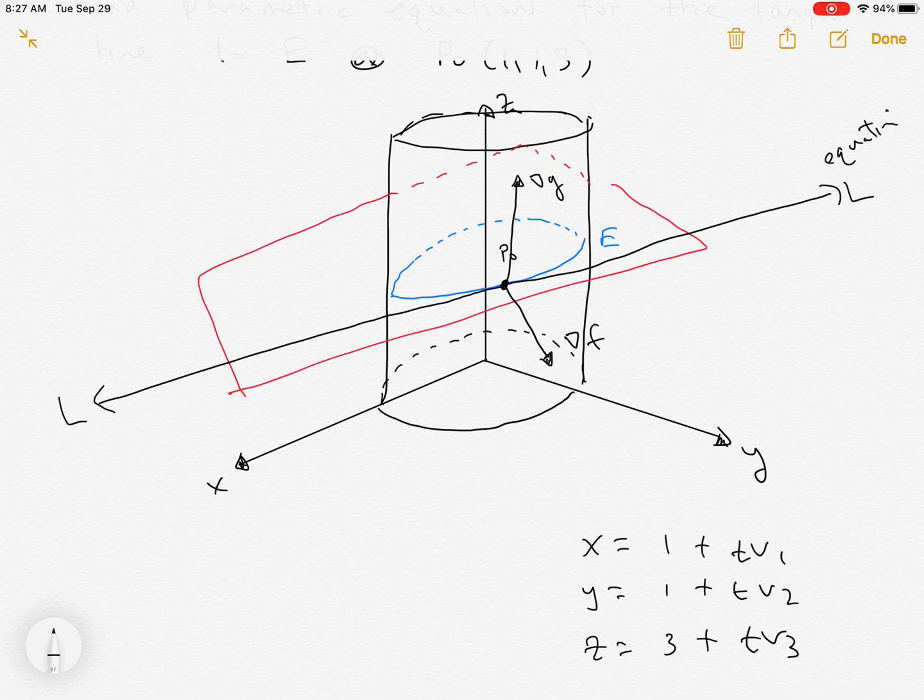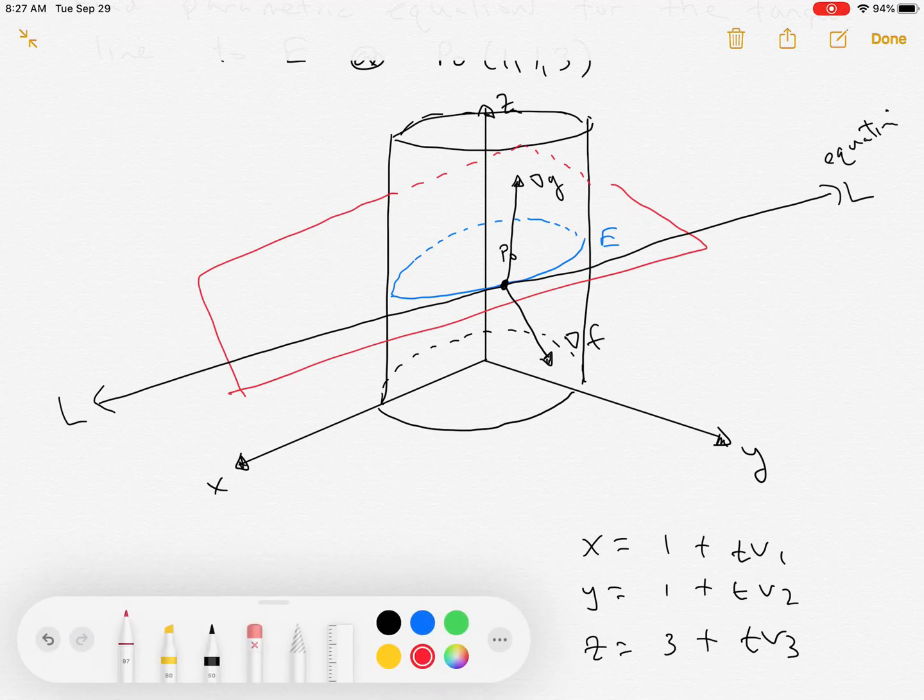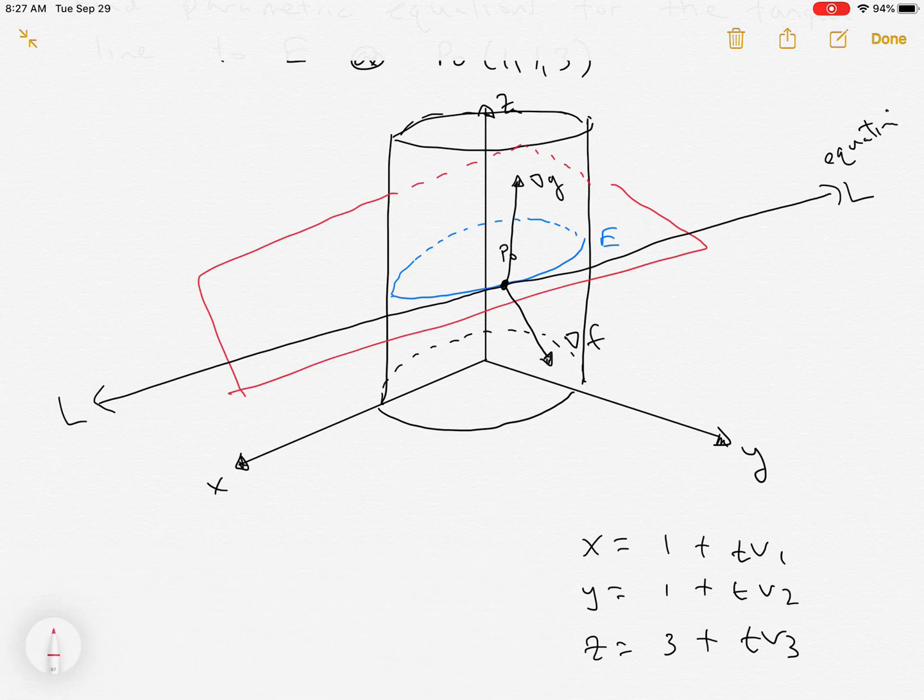Okay? They're perpendicular to each other. So if we want to find a vector perpendicular to both of them, then what do we want? We want the cross product here, right? And this is the vector del F cross del G. And that's the V we want. All right, this is going to be parallel to the line.